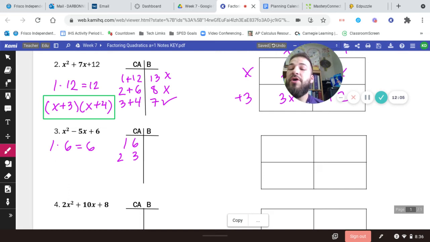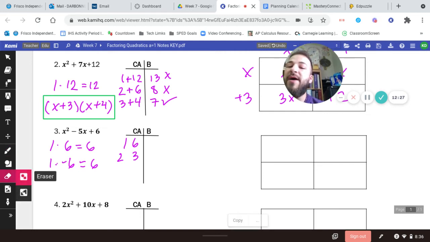Okay, so if both of my factors were negative, so if instead of it being positive 1 and positive 6, it was negative 1 and negative 6, that would still equal positive 6. But now, if both of the factors are negative, they can add up to a negative b value instead.